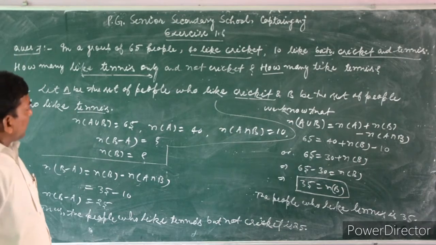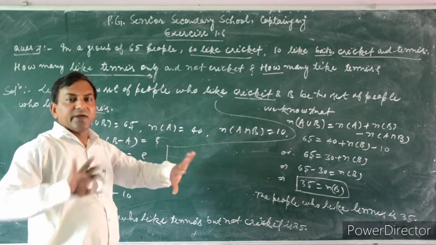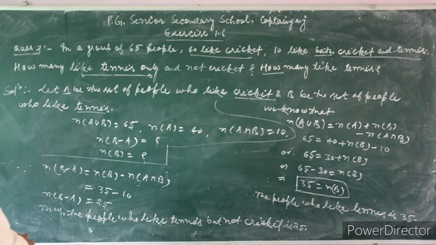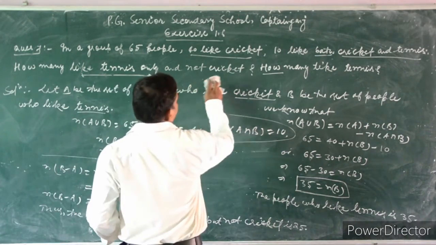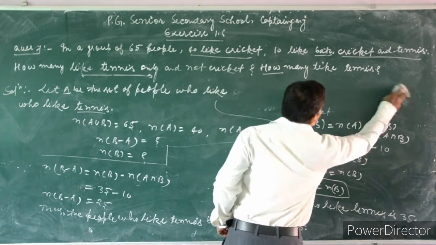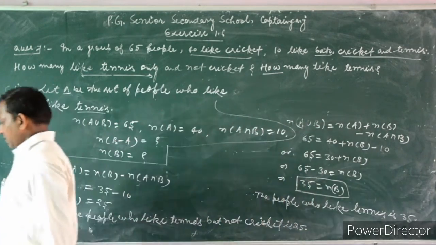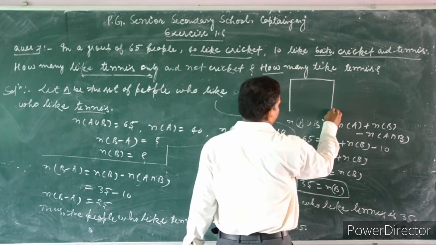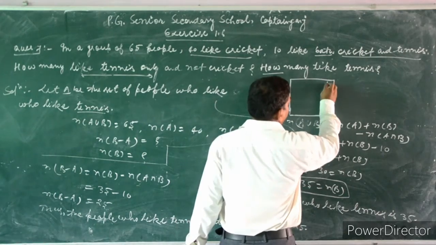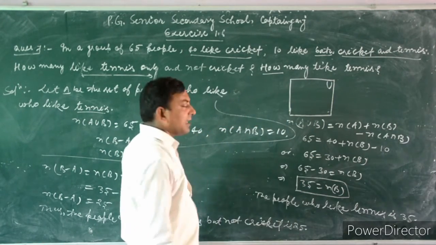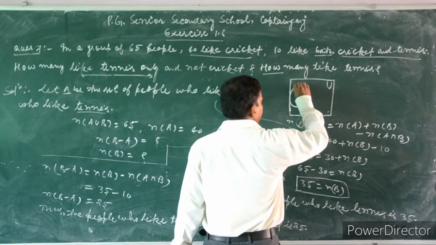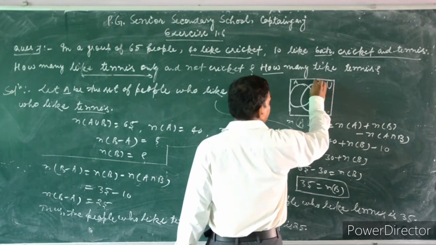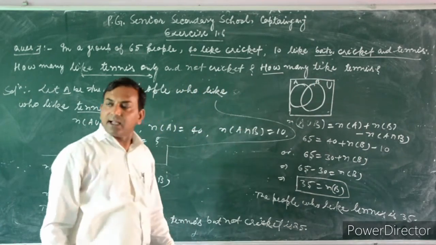Now, we can understand this question using a Venn diagram, very easy. Using a Venn diagram, we write the universal set as a rectangle, and its subsets A and B are represented by circles within this rectangle.